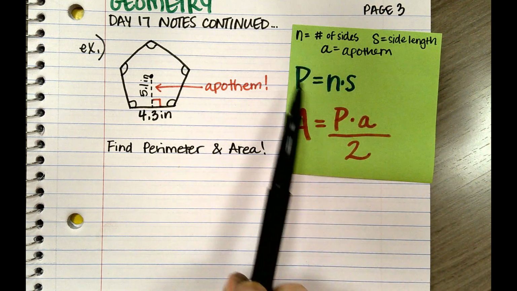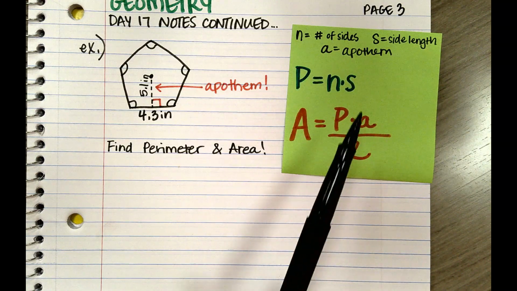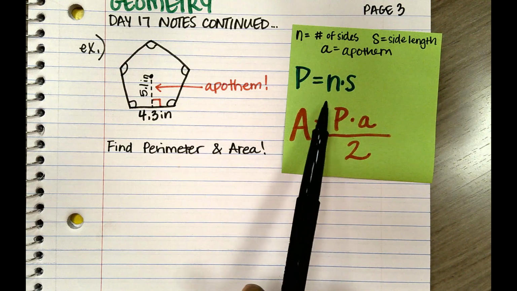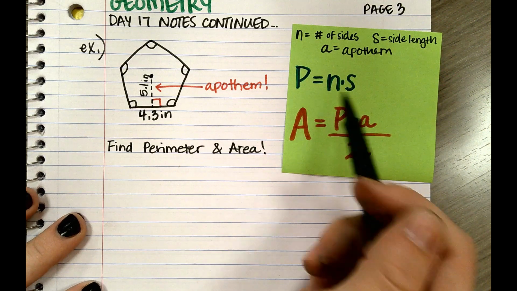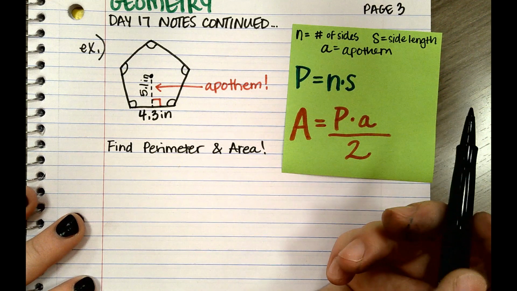So if my perimeter formula says that I need to take the number of sides times the side length, what numbers am I going to use in this formula? 4.3 times 5.